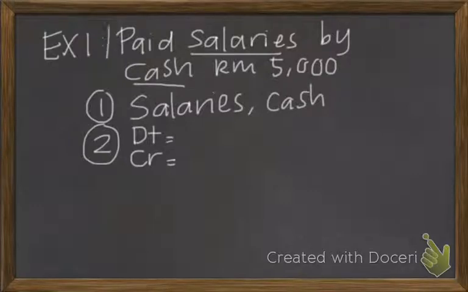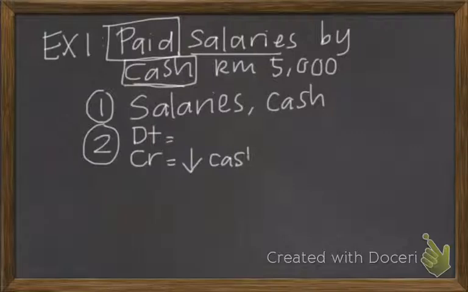As we paid, we used our business cash to pay salaries to a business employee, so it reduces our cash account. Remember, the cash account is an asset account. A reduction in an asset account should be recorded on the credit side.